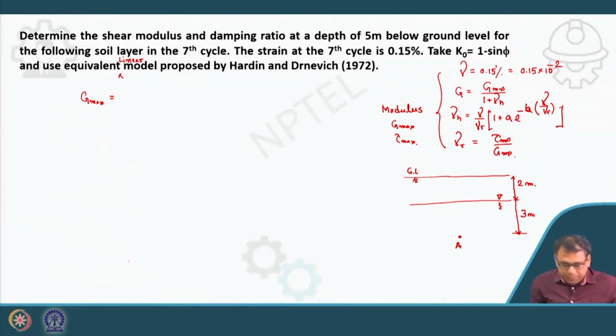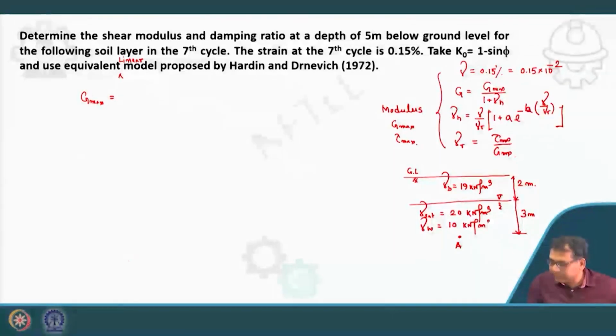The other properties given: gamma bulk, the unit weight above the water table, is 19 kilonewton per meter cube, and gamma sat is 20 kilonewton per meter cube. Gamma W is taken as 10 kilonewton per meter cube.